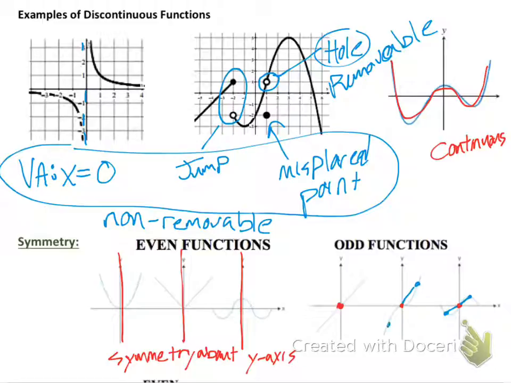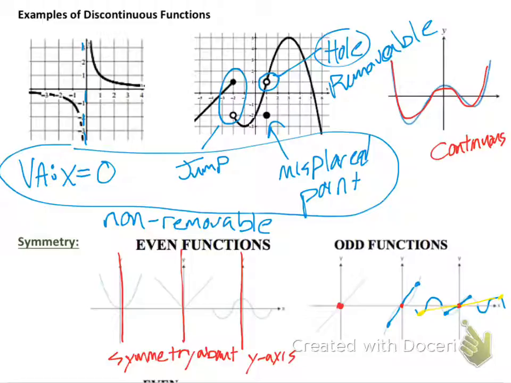Everything reflects over top of it and lands on its mate on the other side. And the cool thing about it, this sine curve, if it kept going, you think, oh, that's not going to reflect, right? But if you take a point pretty far out there and you reflect it over the origin, it'll land on its mate. As long as you keep the trajectory and distance the same on the other side of the origin, you get a mirror point. That's odd symmetry.